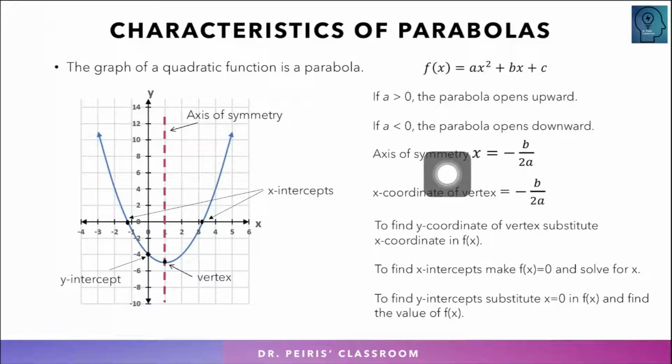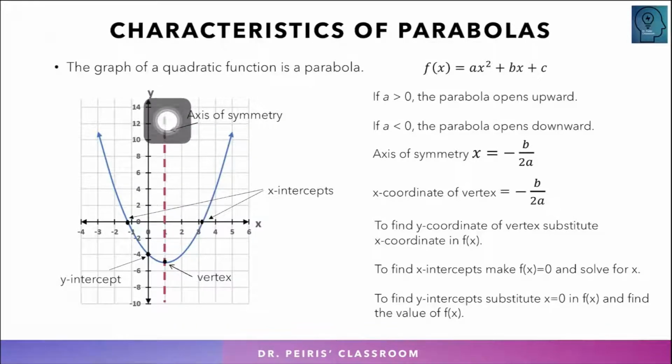The axis of symmetry is a vertical line which crosses the x-axis, which means this is a line of x equals a number. That number can be found using -b/2a. The axis of symmetry is given as x = -b/2a.